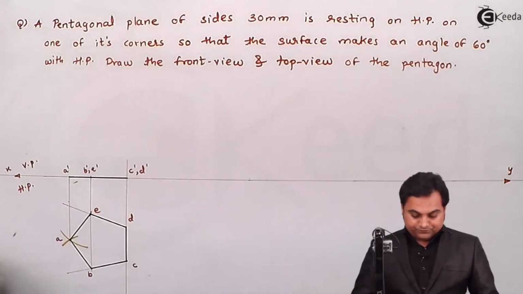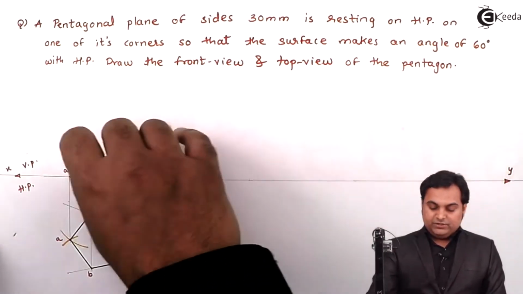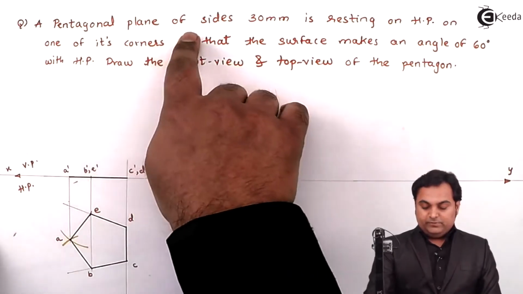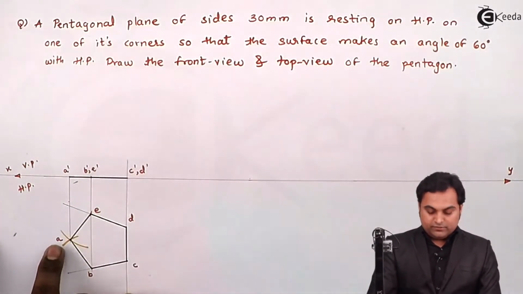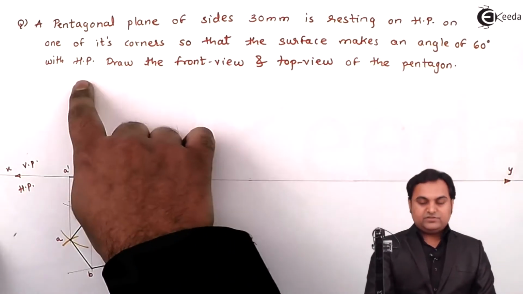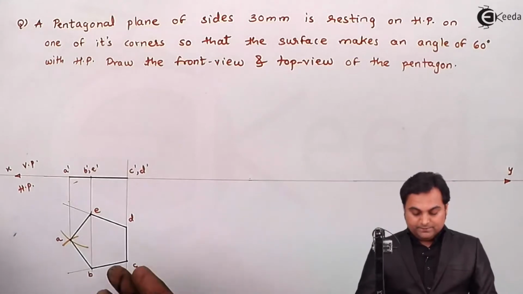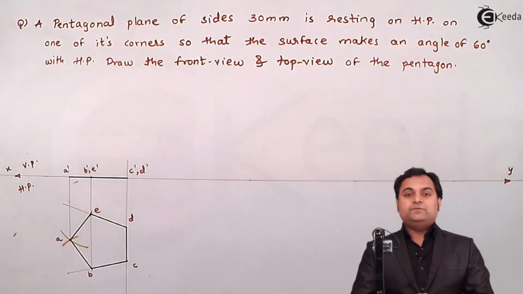Next, here it is resting on the corner A, as it is given in the question that a pentagonal plane of side 30 mm is resting on HP on one of its corners. So here is the corner A, so that the surface makes an angle of 60 degree with HP. It means now this pentagonal plane will make an angle of 60 degree with HP.